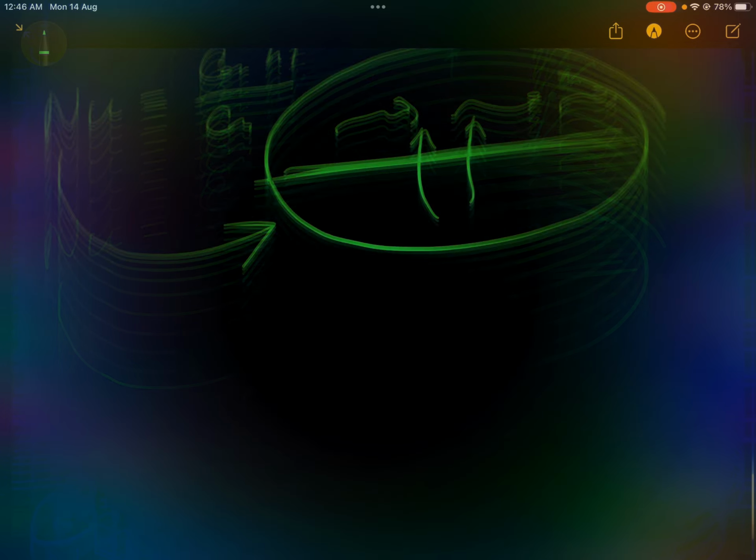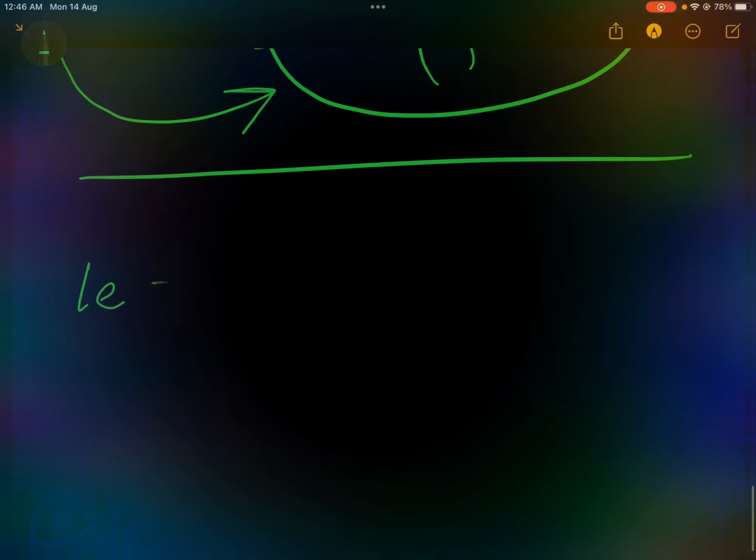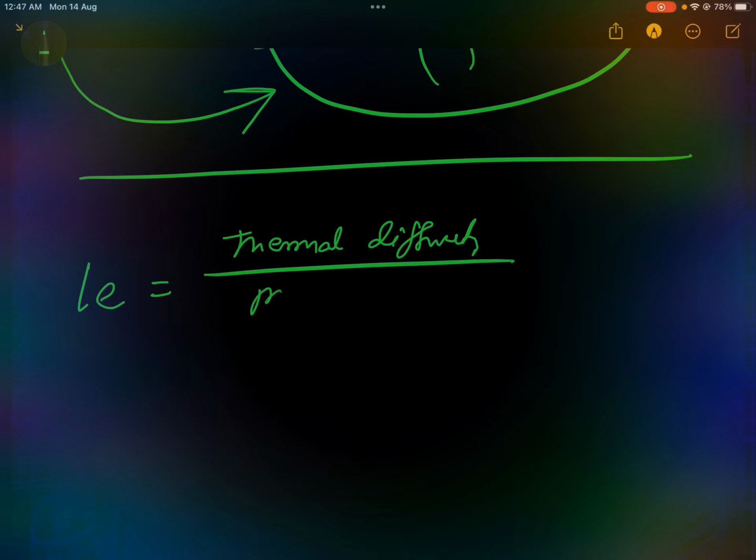Fine. So our next number is the Lewis number. The Lewis number is the ratio of the thermal diffusivity to the mass diffusivity. It basically shows the relation between how much heat transfer there is compared to the mass diffusion.